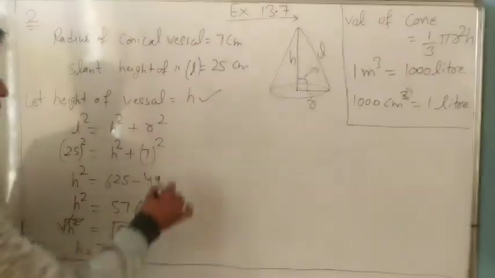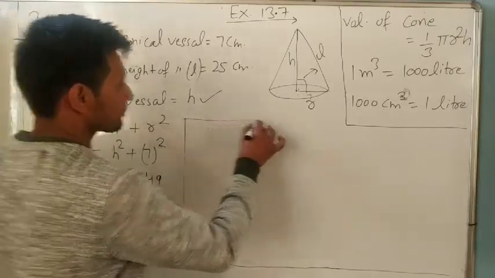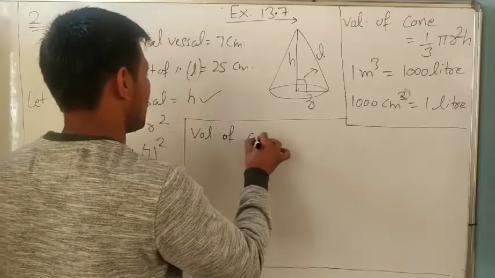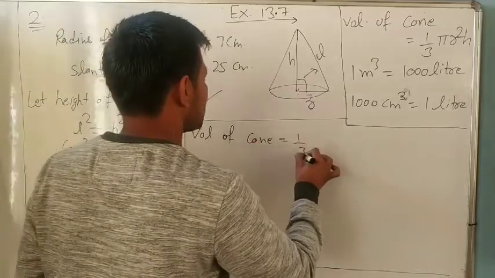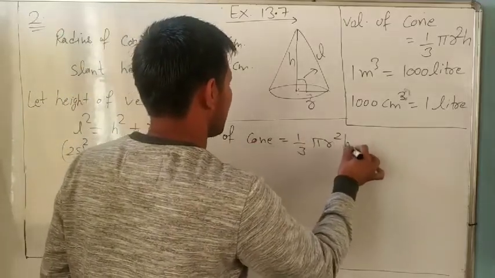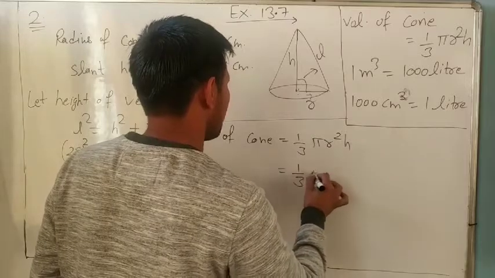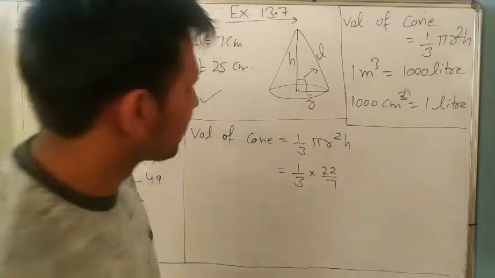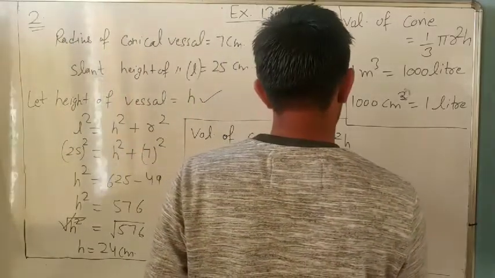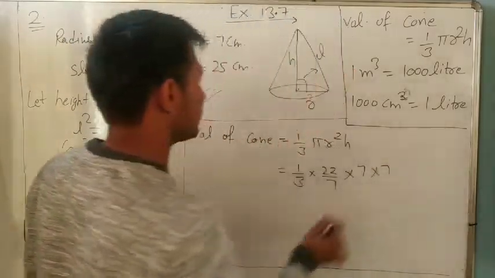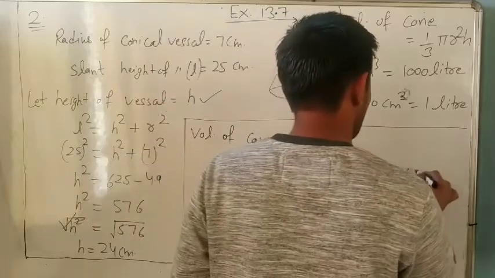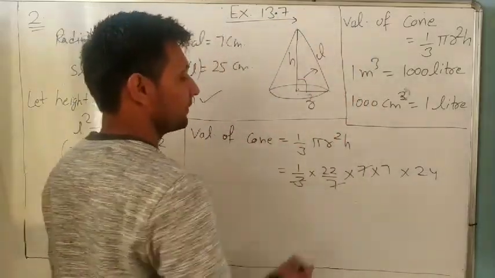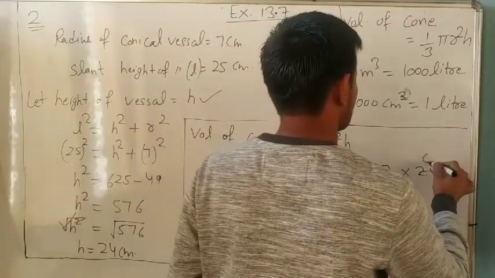So now we want to find capacity. First, it means we will find volume of cone. How much? 1 by 3 pi r square h. 1 by 3, pi 22 by 7, radius is 7 square, 7 into 7, h is 24. 7 cancel 7. 3 into 8 is 24.